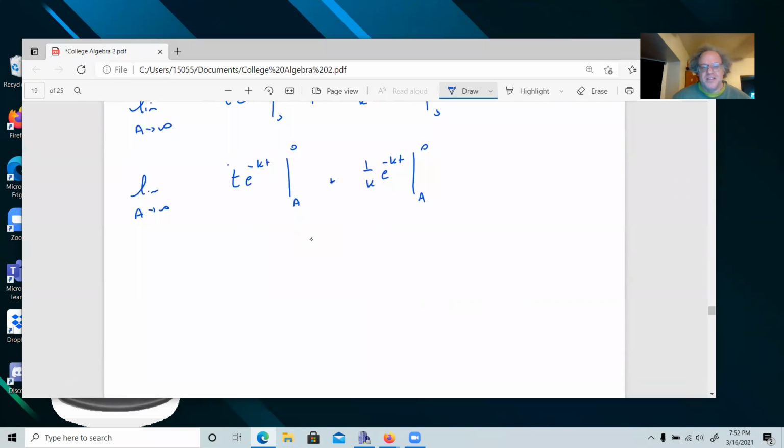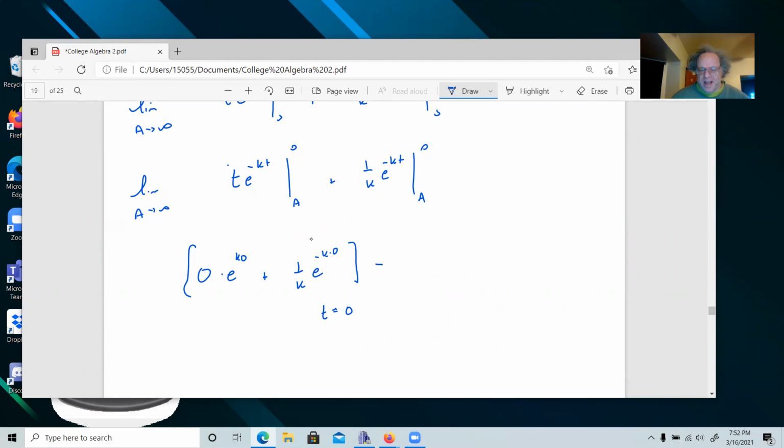All right. Let's plug in 0. Now we can just deal with this as one thing. So we have 0 times e to the 0 times k, plus 1 over k e to the negative k times 0. This was t evaluated at 0.